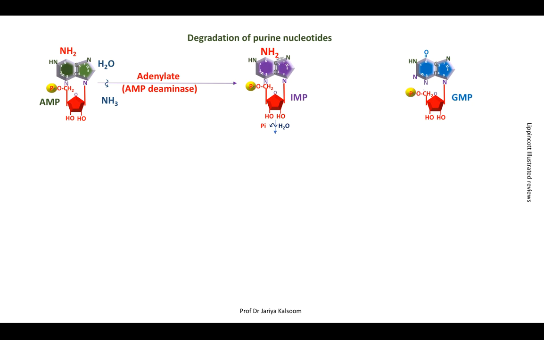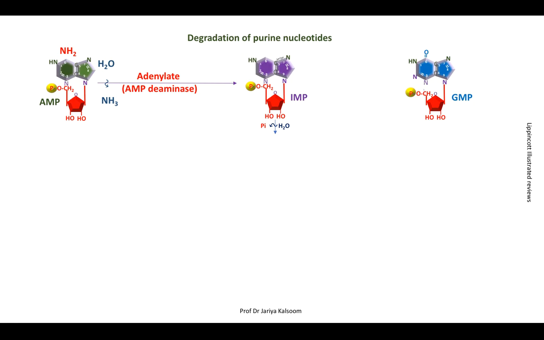Now, when it is going to undergo degradation, first it is going to get rid of this group in the presence of deaminase, and it is going to be converted back to IMP.